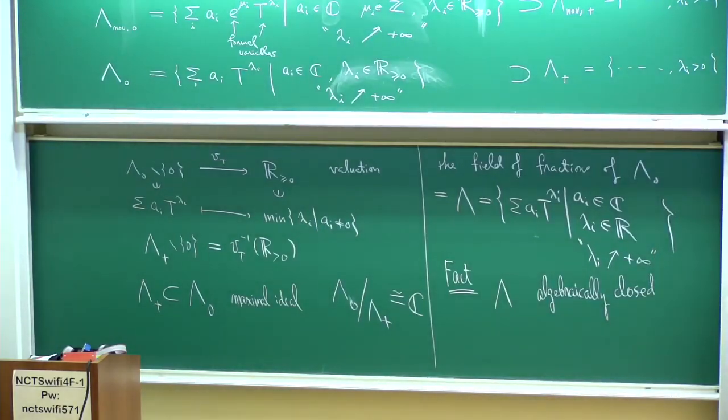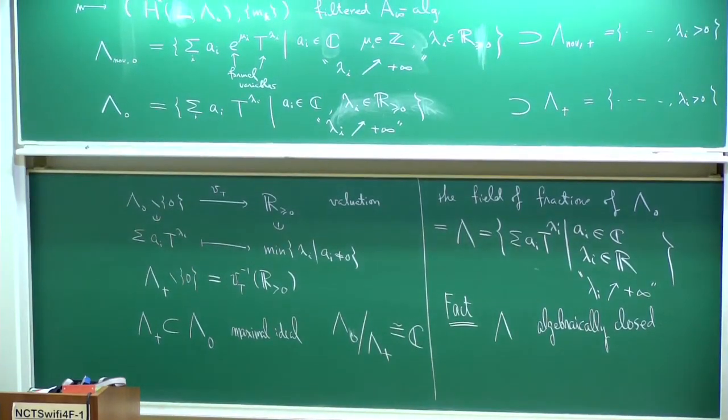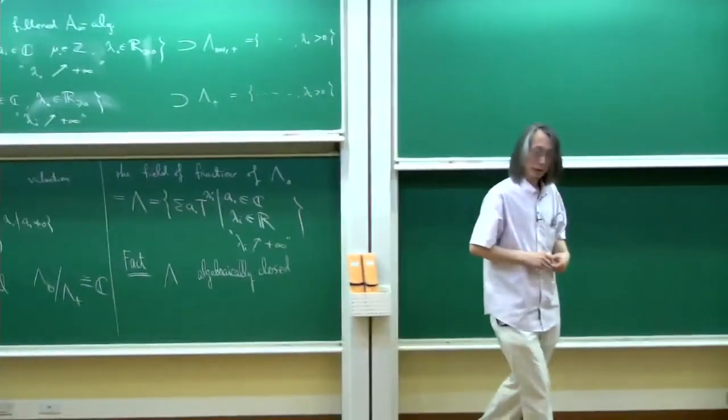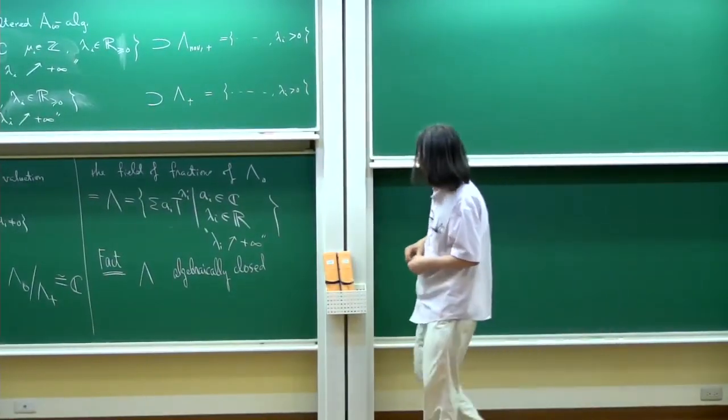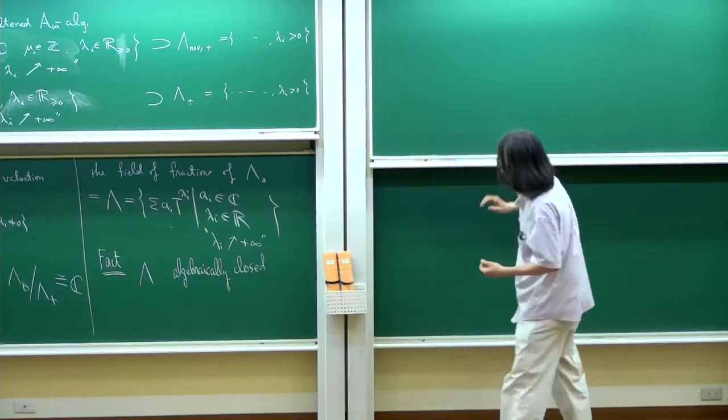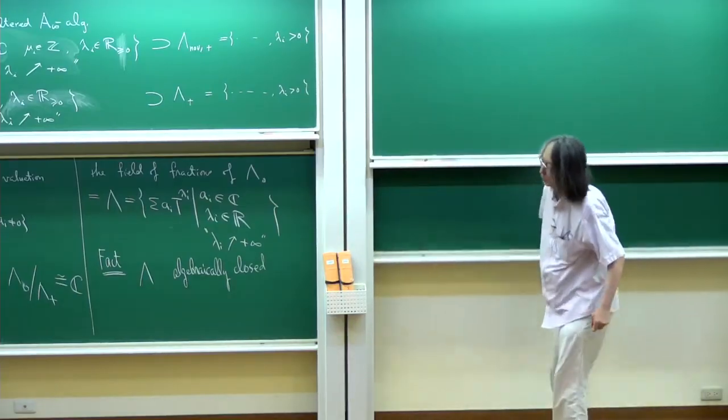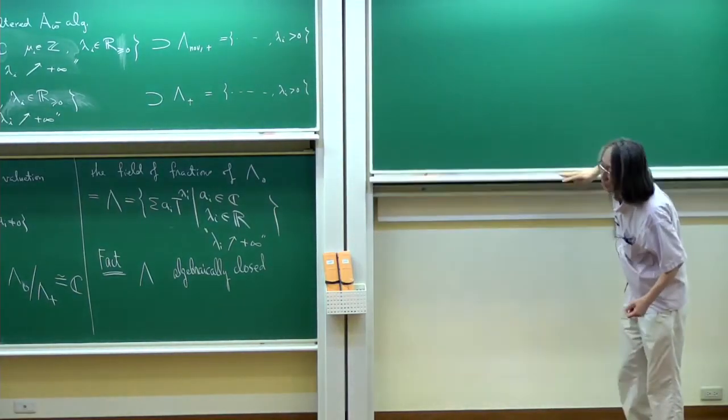So maybe we gave a proof of this in one of our papers, but this fact is quite well known in algebra, so maybe it's a standard fact there. If you want to know the reference, maybe I can tell you.